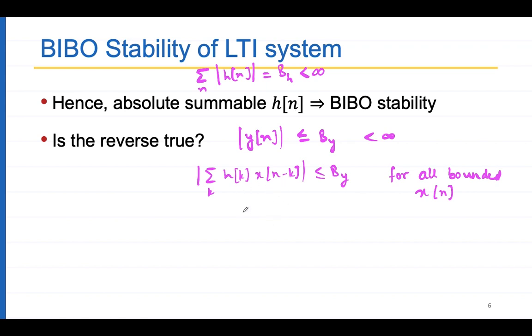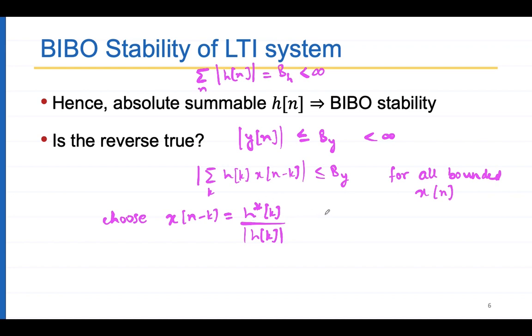Now, let me choose x in such a way that x of n minus k is equal to h star k divided by the modulus of h of k. Now see, for any value of h, this will always be bounded.